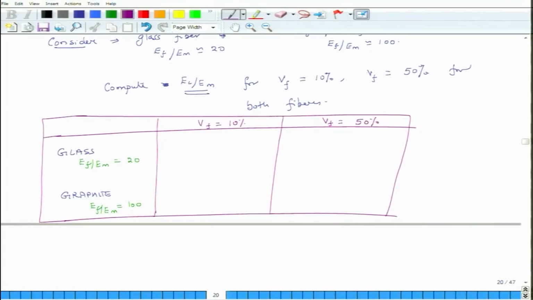So, let us write down these numbers. You can do the calculations, but I will just straight away write the numbers.